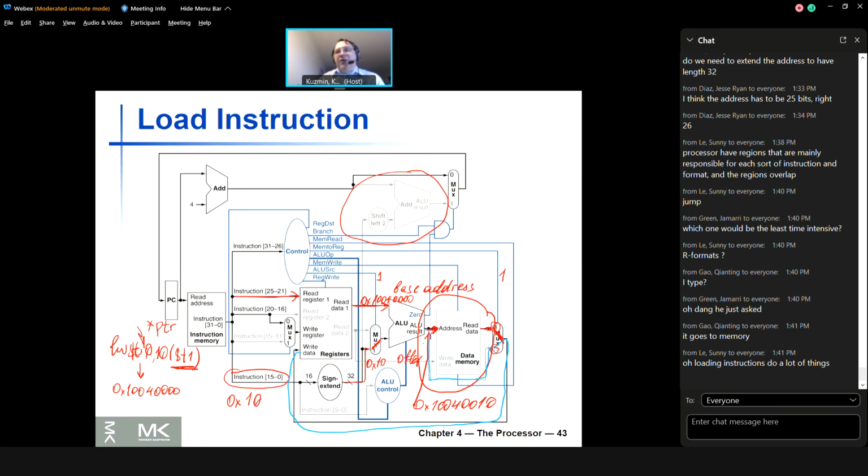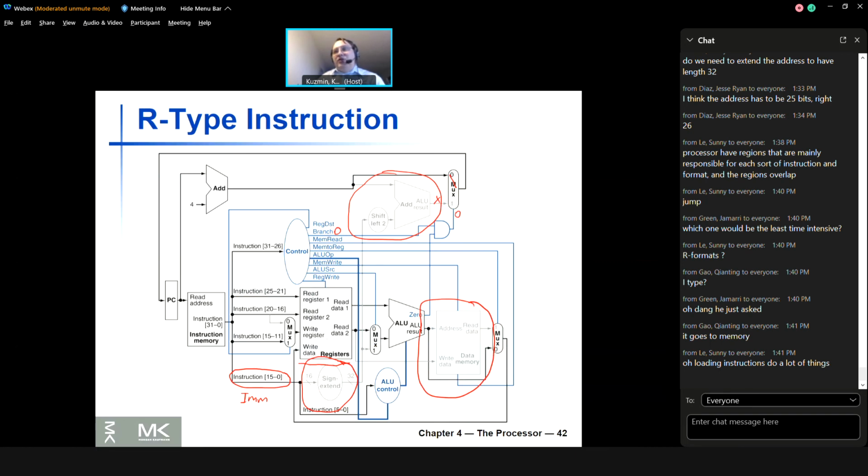And this is going to be the longest chain: read the instruction memory, decode the instruction and read the register file, perform the ALU operation, access memory, and then write back to the register file. So it's a lot of things, and even R-type instructions are faster, because see how here we bypass memory, so we can do it a little faster because we don't have to deal with memory.